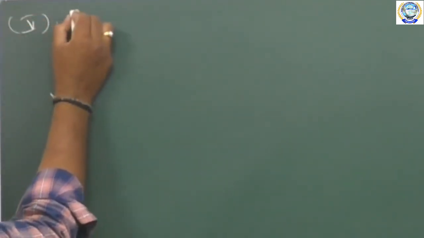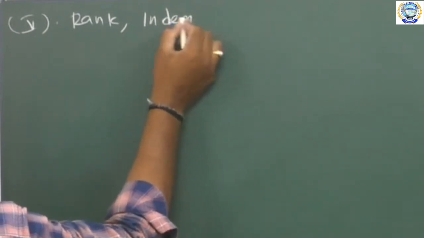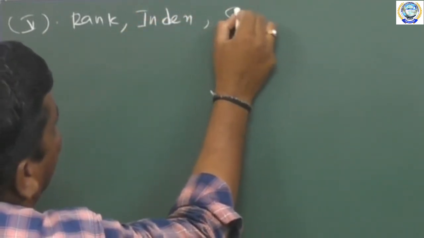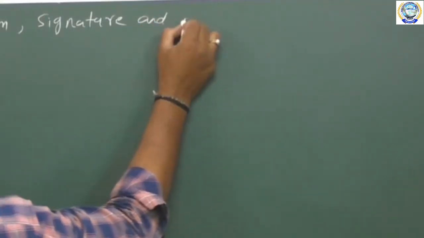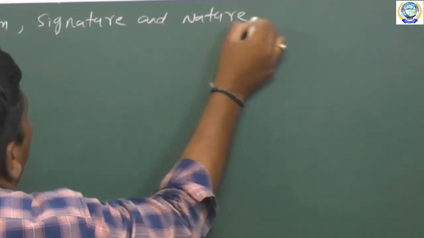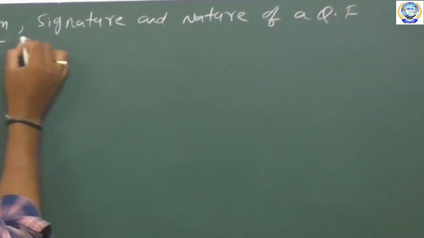We will go to the fifth topic, rank, index, signature, and the nature of a quadratic form.